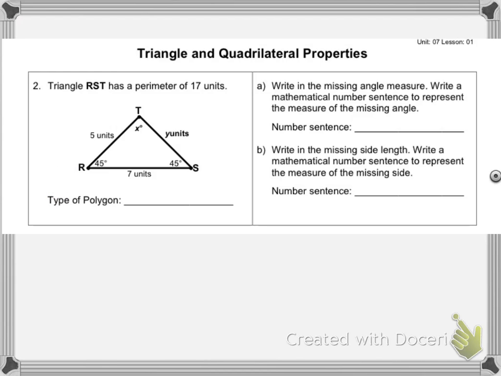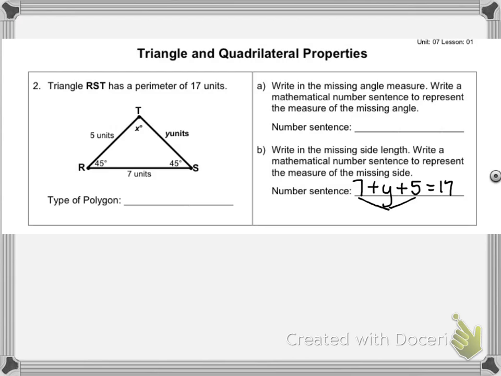So let's write a number sentence to figure out the missing side length. From R to S, that is 7, plus from S to T, which is Y, plus from T to R, which is 5. And the total distance around my triangle is going to be 17 units.